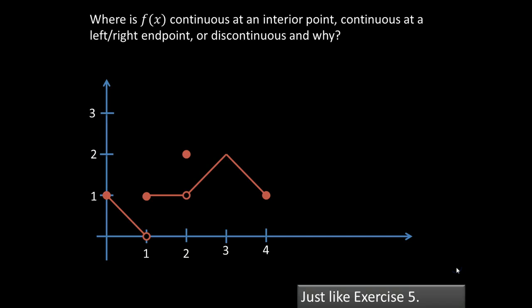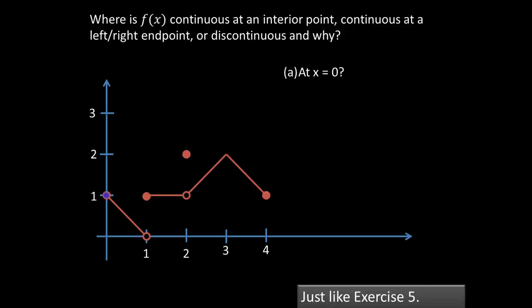Okay, so where is f of x continuous at an interior point, at a left or a right endpoint, or where might it be discontinuous and why would it be discontinuous? So the first point we're going to look at is at x equals 0. Would you say that the function is continuous there at an interior point, at an endpoint, or it's not continuous?